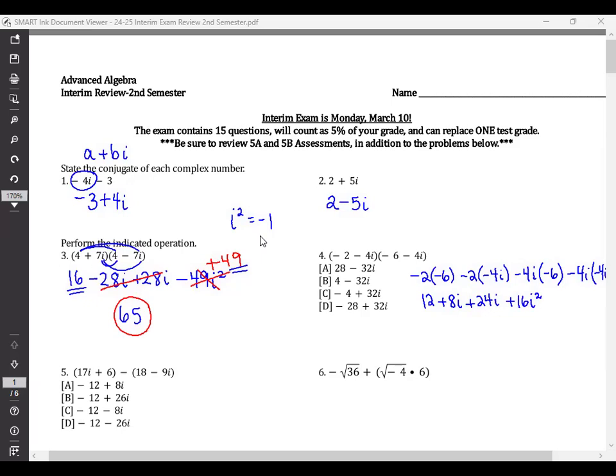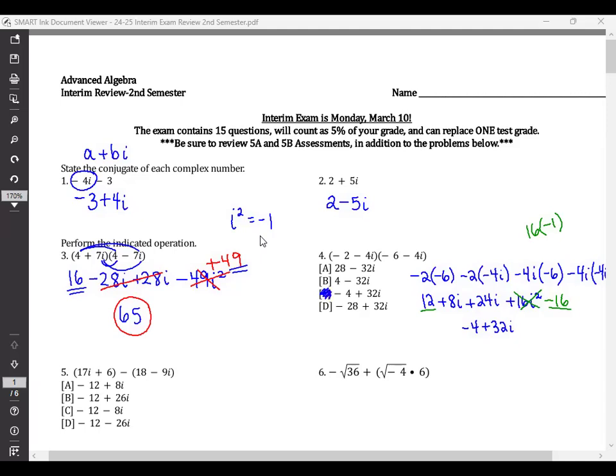And whenever you see that i squared, just think to yourself, 16i squared is 16 times -1, which is just going to make this whole part -16. And combine like terms. So 12 minus 16 is -4. And 8i plus 24i is 32i. Or once you got the -4, we could come over here and pretty much know that C has to be our answer.